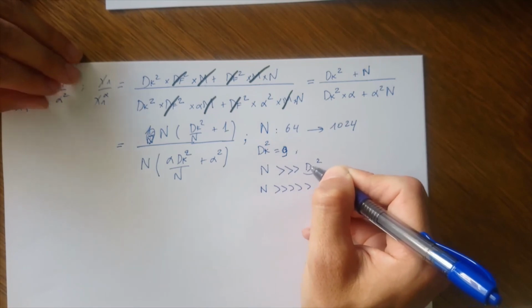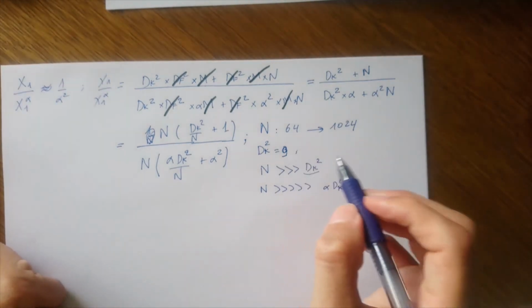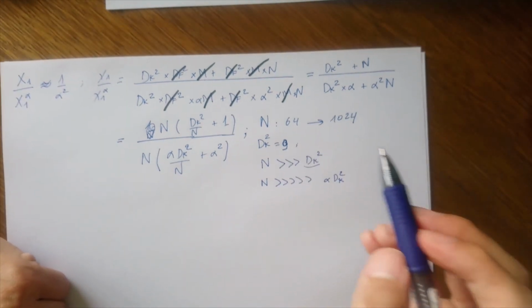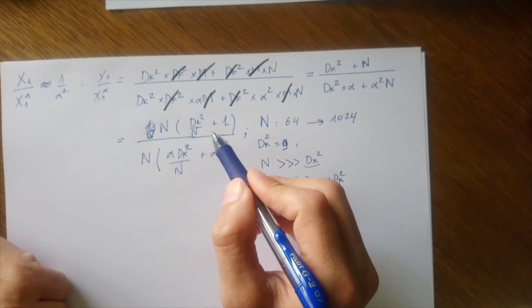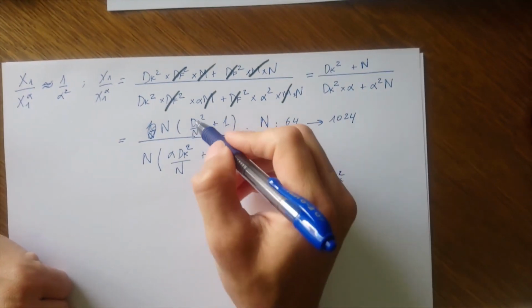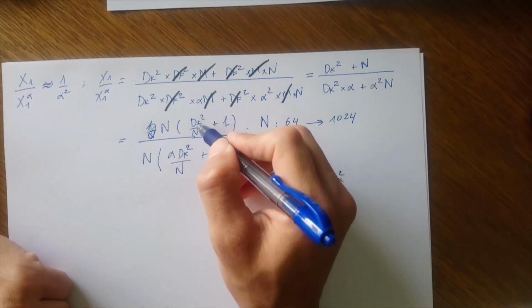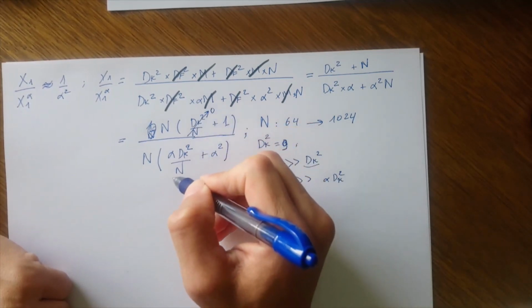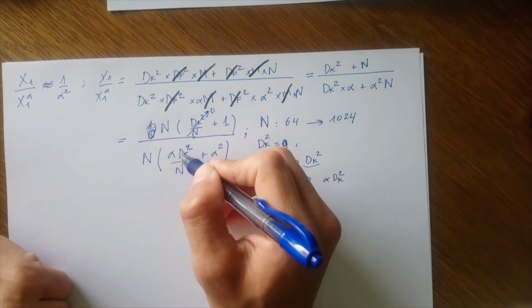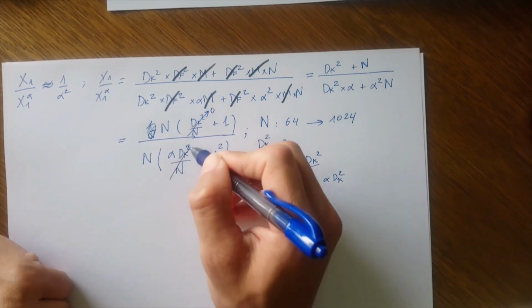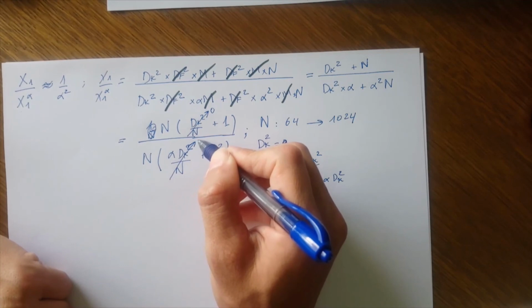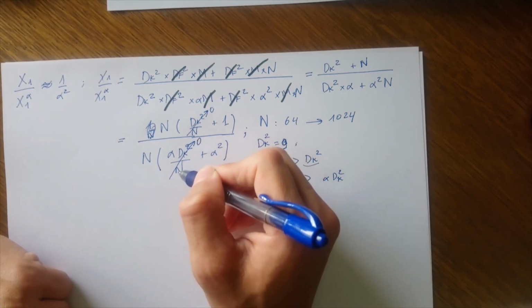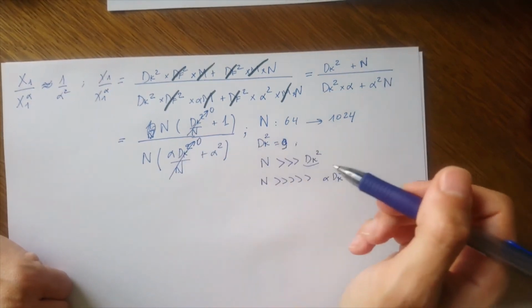This means that I can consider dk squared divided by n to be almost 0, and also alpha dk squared divided by n would be very close to 0, because n is very high compared to alpha dk squared.